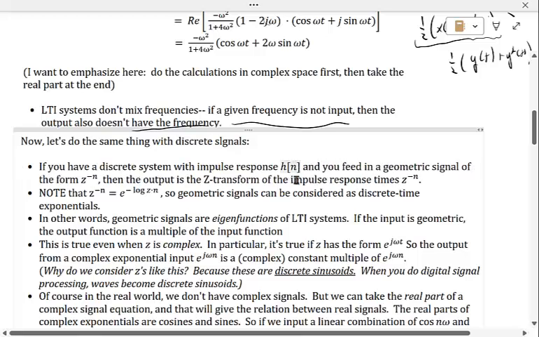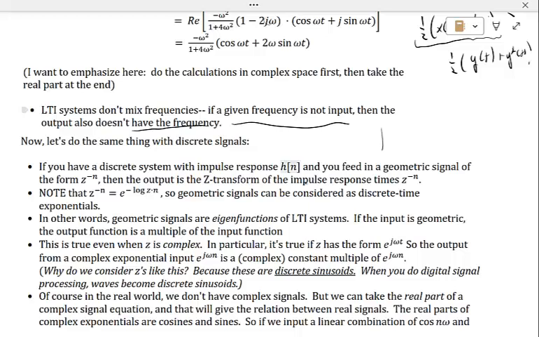Think about it this way. The impulse response should be a signal in time, and this n is your time sample. So you think of h of n as, so if this is time, and I'm measuring time by the index n, then typically the impulse response may look something like this. All right.